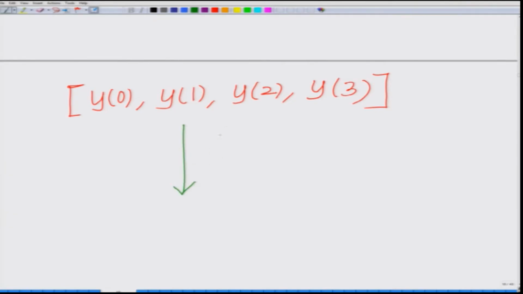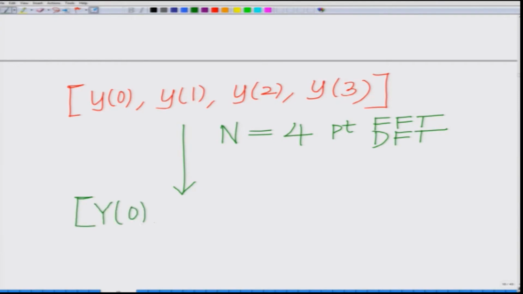So, the size of the FFT is always fixed, n equal to 4 point FFT, that is fast Fourier transform, or also the DFT. I do not need to mention this, FFT is simply a fast algorithm for the DFT, the discrete time Fourier transform, and that gives you the symbols across the subcarriers y0, y1, y2, y3.